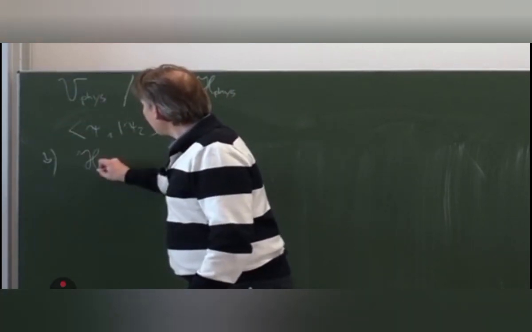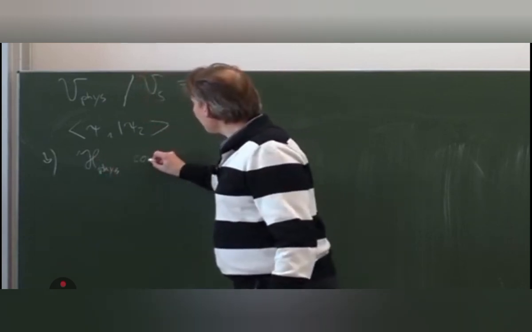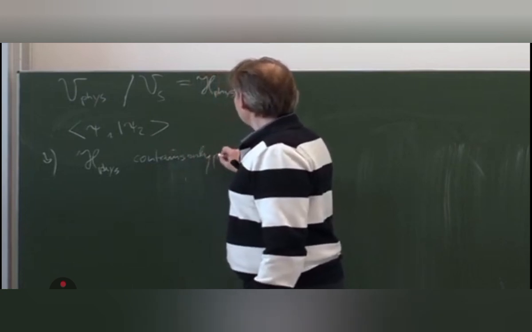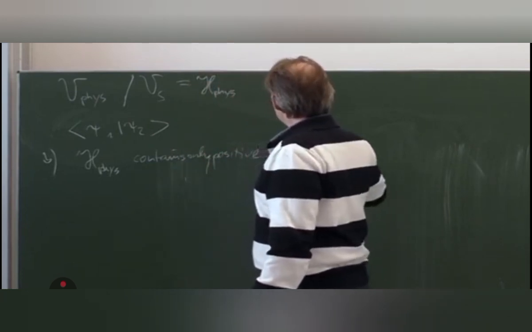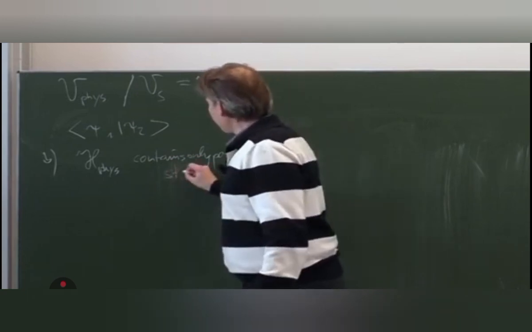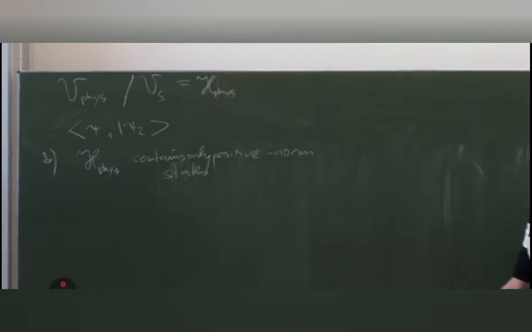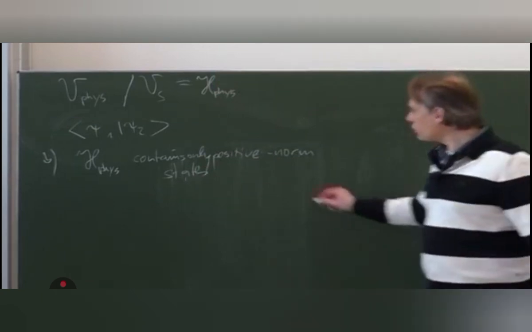Now a next property is that this space H physical contains only states with positive norm. And that is the result of explicit inspection, because we have looked at the explicit one-particle states.